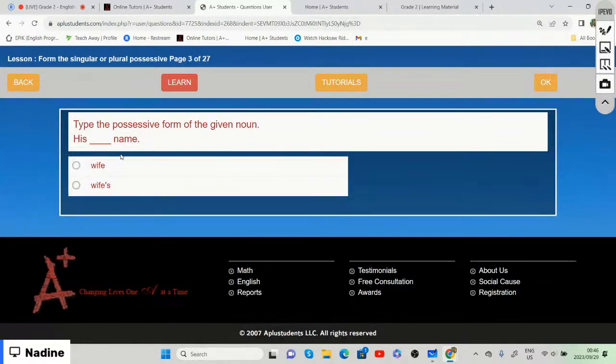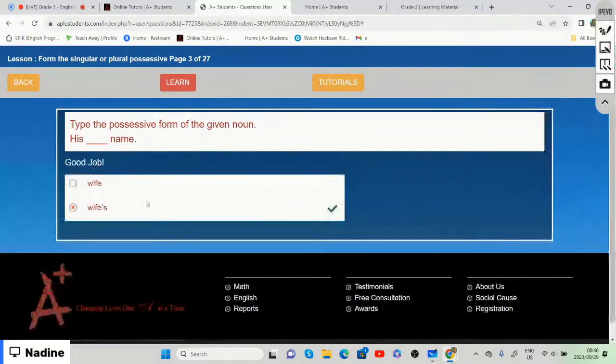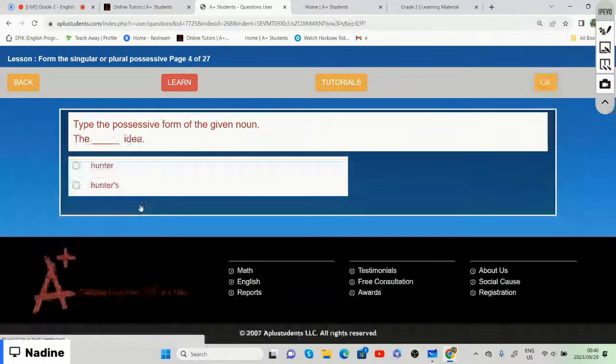And his wife name or his wife's name, right? It is the name of his wife. So his wife's name, which means that we put the apostrophe and the S to show that it is the name of his wife, the wife's name.